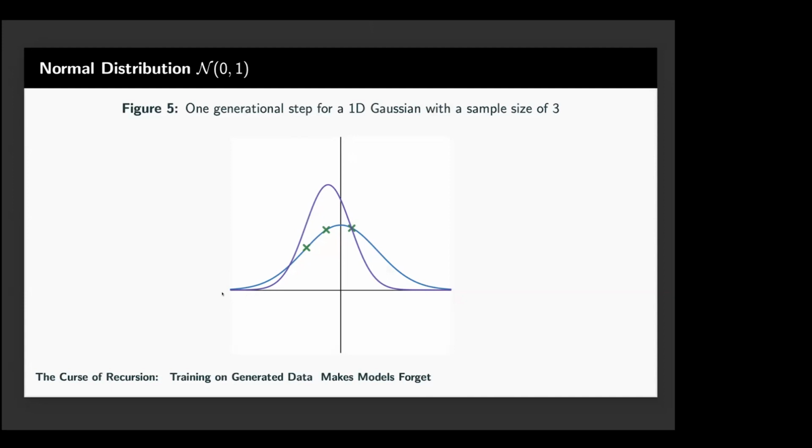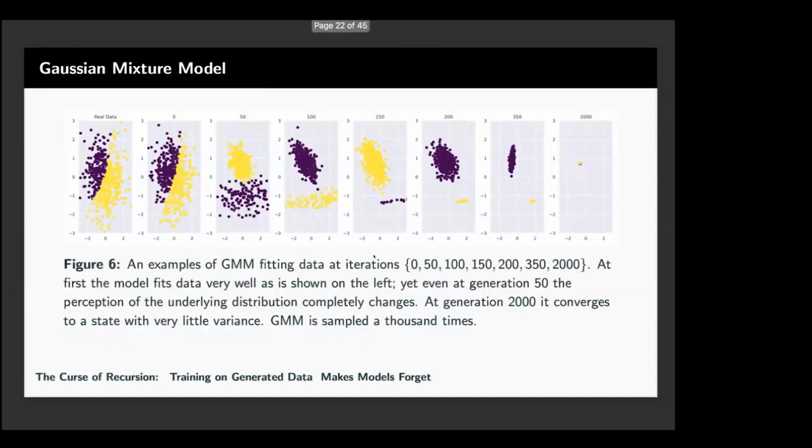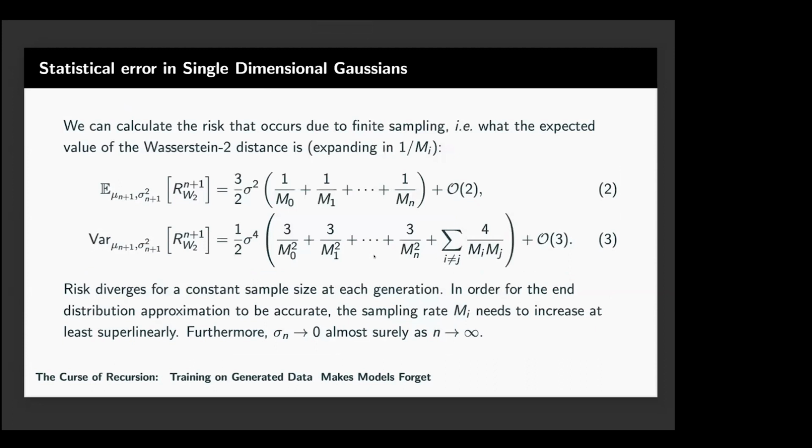But this is very unlikely because they are tails. And so over time, if you repeat that a few times, you will very quickly collapse to something with very low variance. And you can show mathematically what's going to happen. The effective summarization of the slides is that you will collapse to something that looks like a delta function.